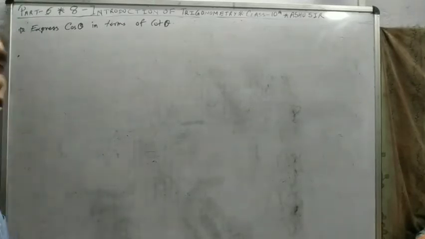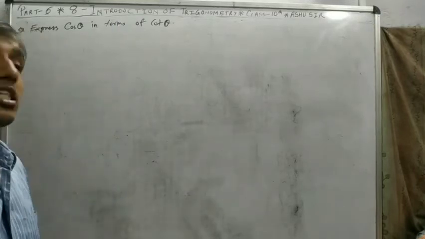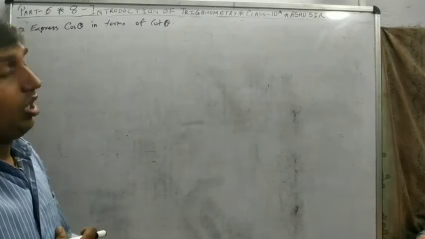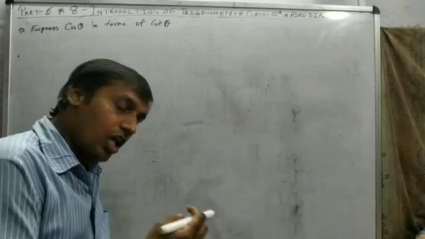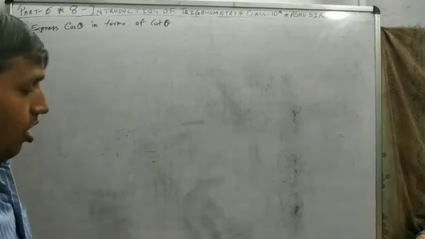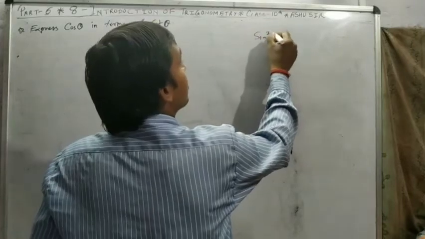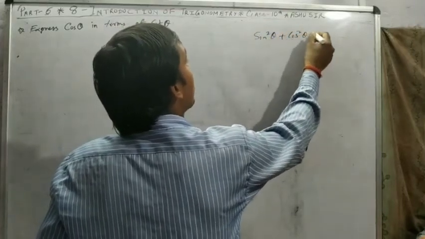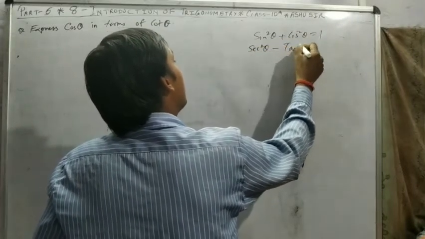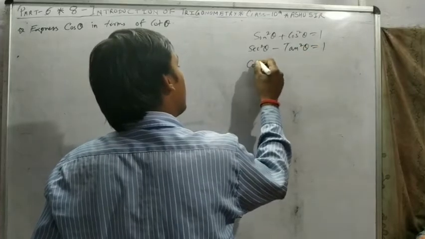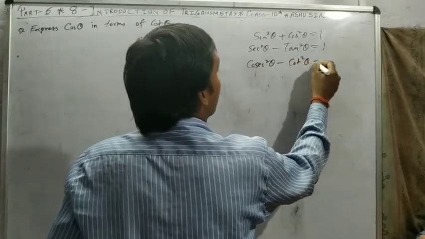Now let's see a new topic, and from my side the last topic, or you can say the last type of question: express one trigonometrical ratio in another form. You know three identities: sin square theta plus cos square theta equal to 1, sec square theta minus tan square theta equal to 1, cosec square theta minus cot square theta equal to 1.